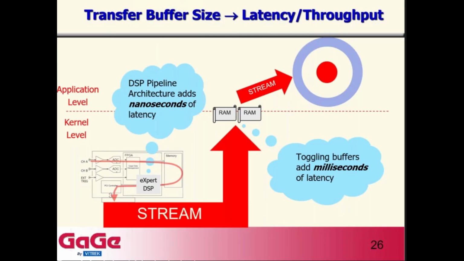So if the buffer is containing data that corresponds to 10 milliseconds worth of data, let's say, then the oldest data in there, that's the transfer rate, not the sampling rate, the oldest data in there are 10 milliseconds old. So it turns out that these transfer buffers are the key that determines how much latency, and indeed what the latency throughput trade-off, how that works, as we'll see on the next slide.